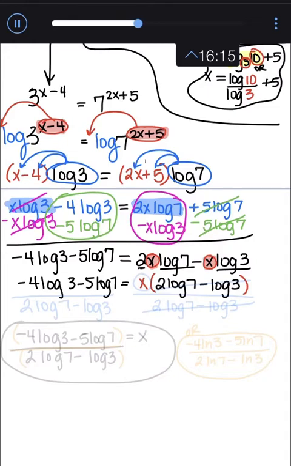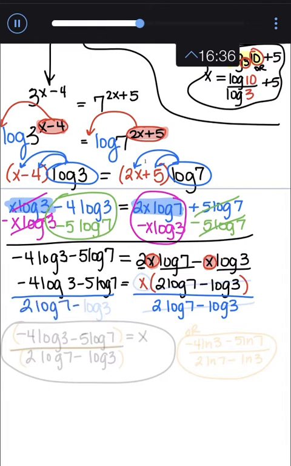Well, remember that the parentheses mean multiplication. So how do I get rid of that multiplication? Luckily I can just go ahead and divide by that huge, awful piece. I can divide by the 2 log 7 minus log 3 all at once, as long as I do it to both sides.